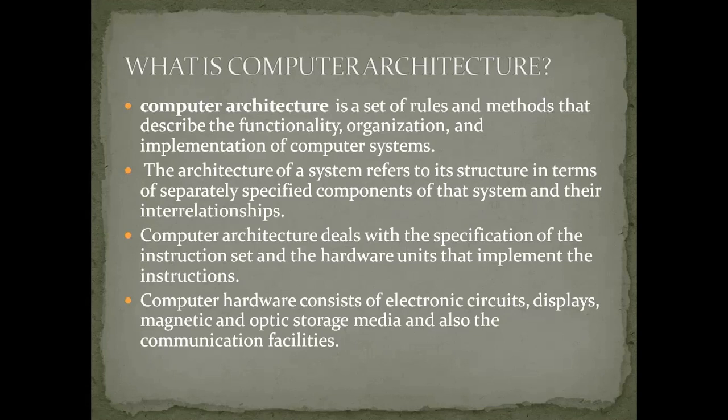In computer architecture, we describe in detail the structures, what peripheral devices are present inside the computer, how they are interconnected from one device to another, and how they transfer the data from one peripheral device to another peripheral device. So these details are described in computer architecture.